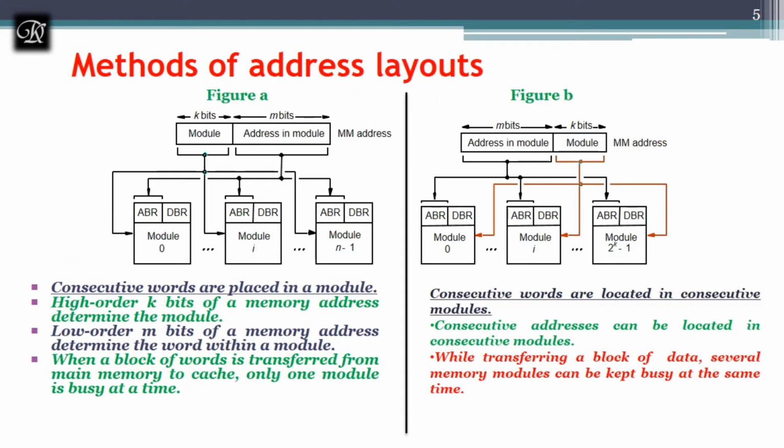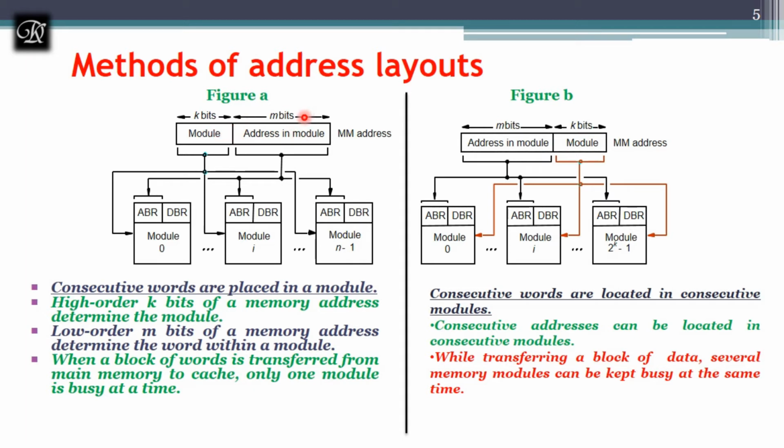There are two methods proposed for interleaving. How the individual addresses are distributed over the modules is critical in determining the average number of modules that can be kept busy as computation proceeds. Two methods of address layout are indicated here. In the first case, the memory address generated by the processor is decoded as k bits and m bits.